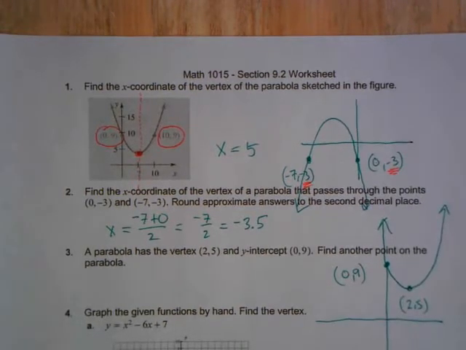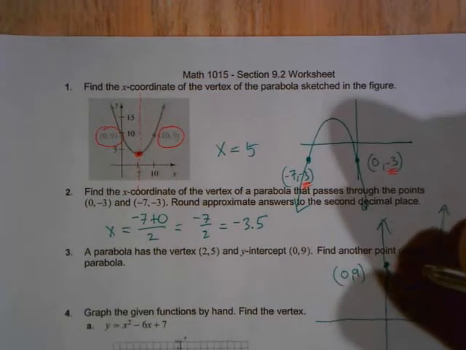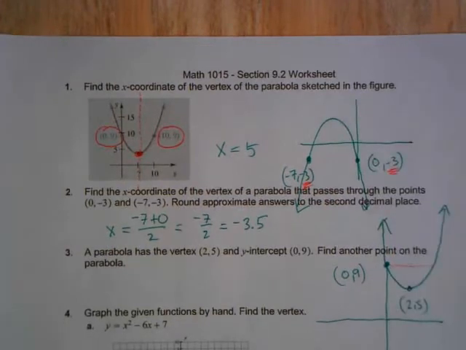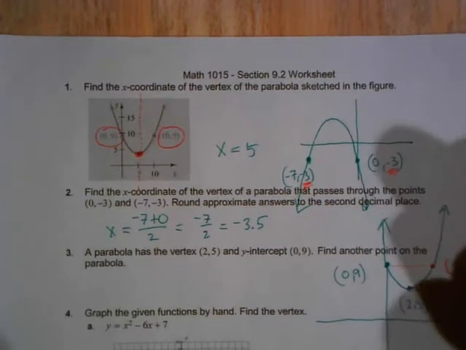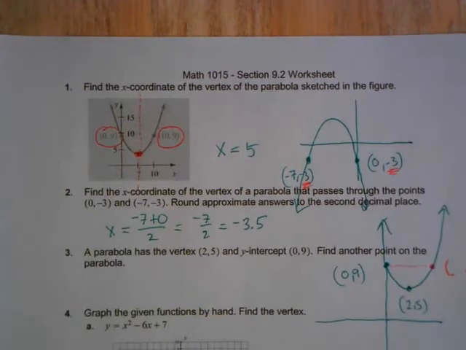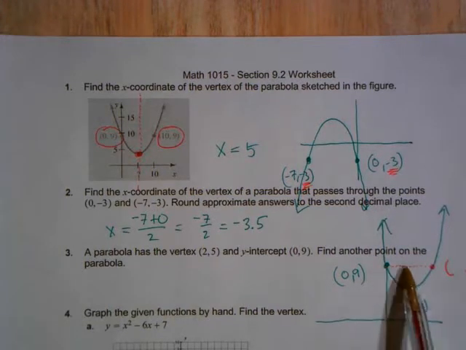Find another point on the parabola. Here's what I'm going to do. I'm going to come straight across. If I come straight across, my y value has to be 9 still. What does the x value have to be? Well, let's see. The distance from here to the middle would be 2.